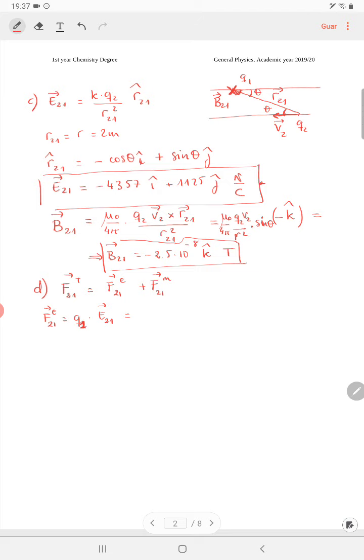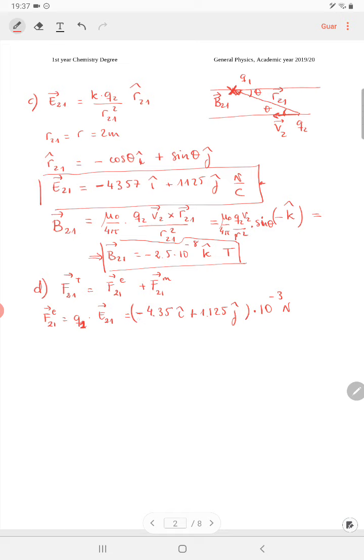So if you do this, you can show that this is going to be equal to 4.35 in the x direction with a minus here, because we had a minus here, plus 1.125 in the j direction, everything multiplied by 10 to the minus 3, and this is Newton.